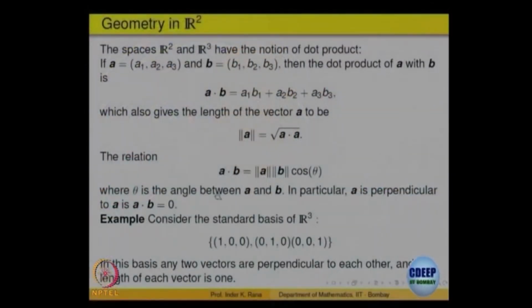So, this is a standard basis in R3: (1, 0, 0), (0, 1, 0), and (0, 0, 1). What is the property of that? Any two of them are perpendicular to each other and the magnitude of each one of them is equal to 1, right. We have seen that a basis for R2 or R3 need not be unique; there are many other bases, an infinite number of bases possible actually, but each will have 3 elements.